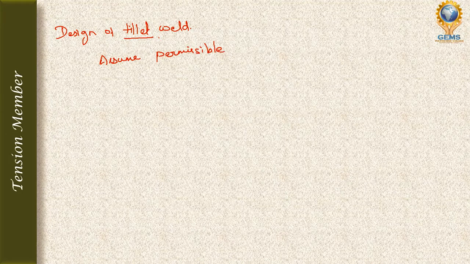So now we are going to design our fillet weld. For the design of the fillet weld, we are going to assume the permissible stress in weld, that is, tau Vf is equal to 108 Newton per mm square.